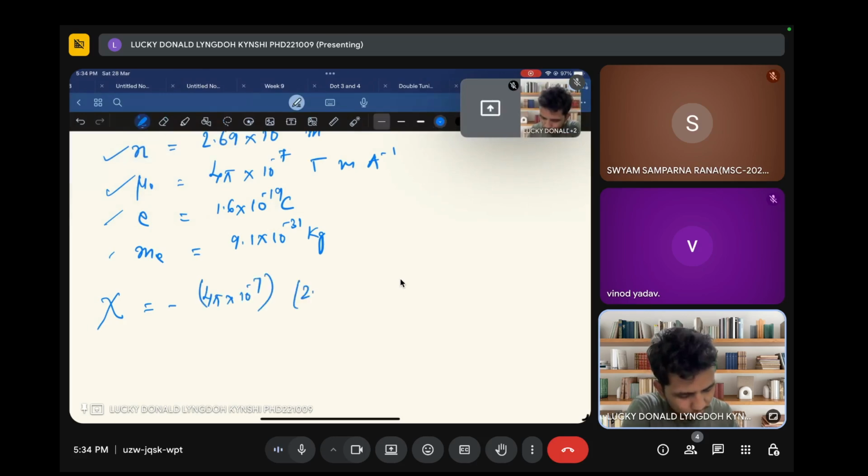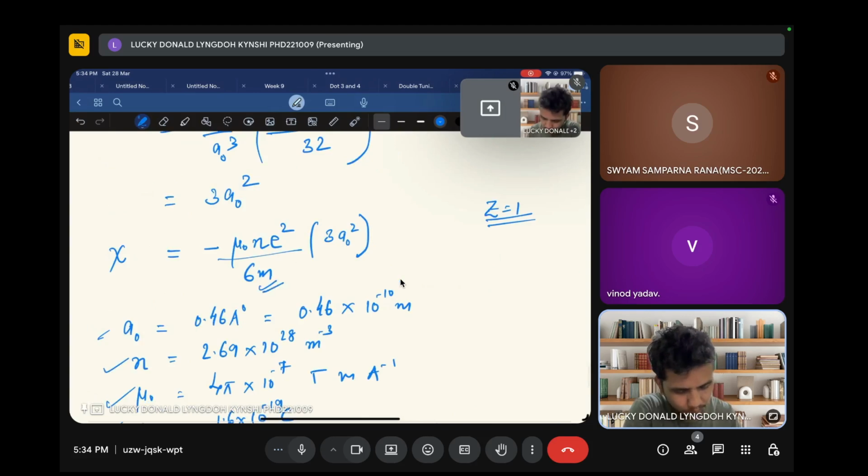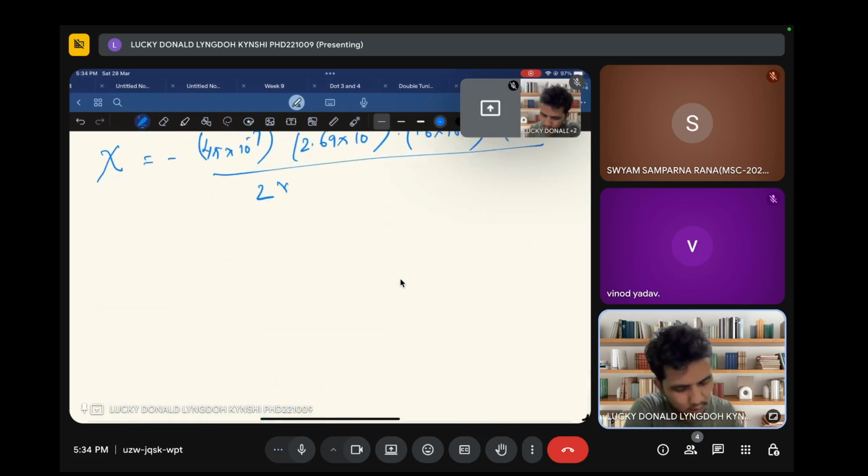Second is 2.69 into 10 to the power 28, that is your N, carrier concentration or carrier density, into 1.6 into 10 to the power minus of 19, this is your e square, and your r square, sorry, a naught square is 0.46 into 10 to the power minus of 10 whole square, divided by 2, because 3 and 6 will get cancelled, you get 2 into 9.1 into 10 to the power minus of 31.